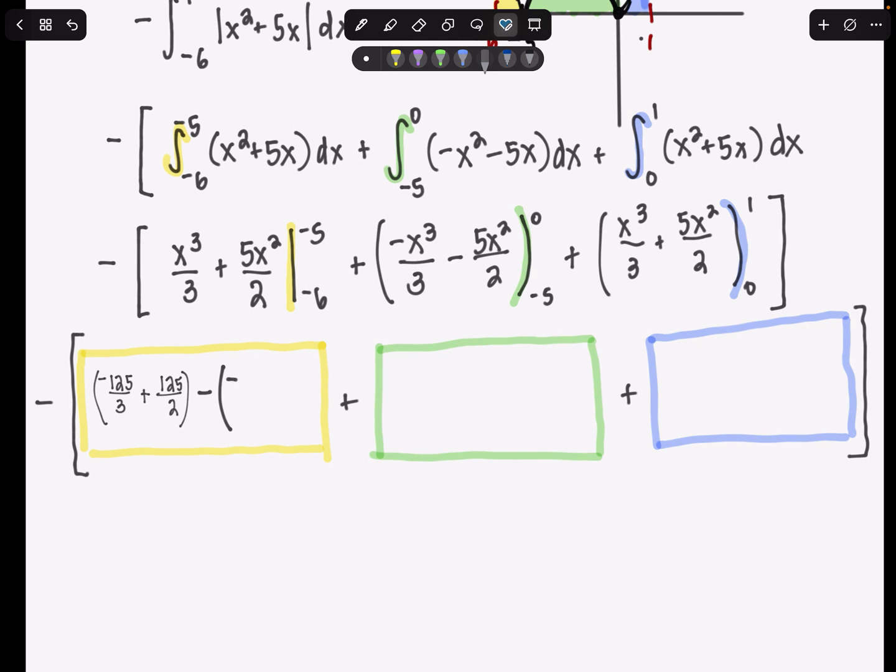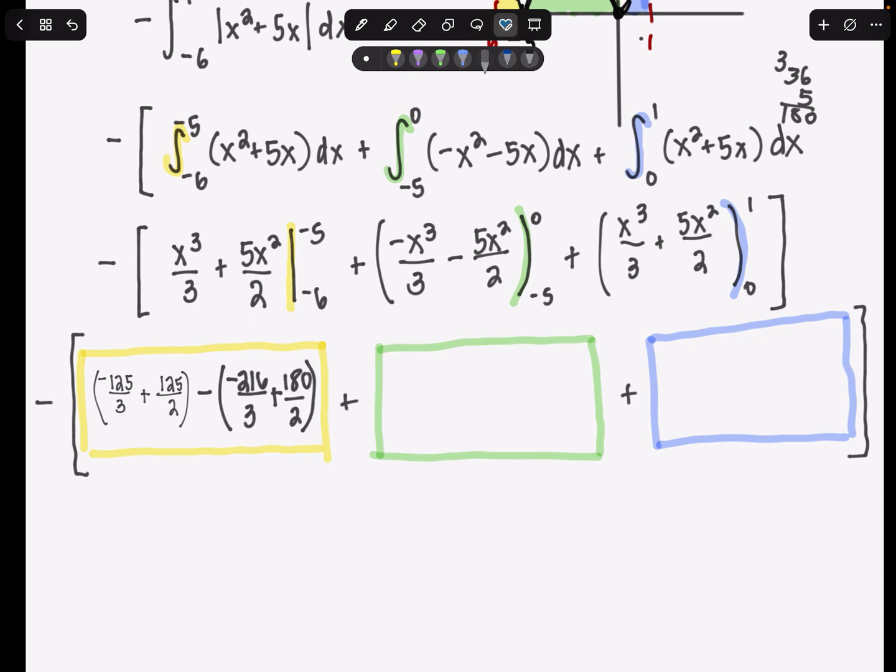So when I put the -6 in, I get -216 over 3 plus 36 times 5, 180 over 2. And now we're done with that yellow piece.